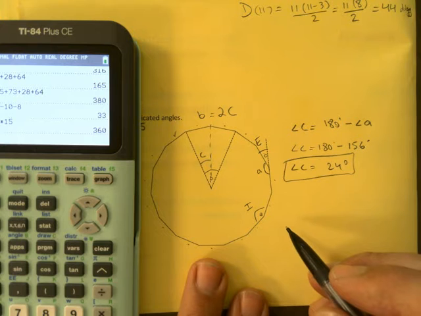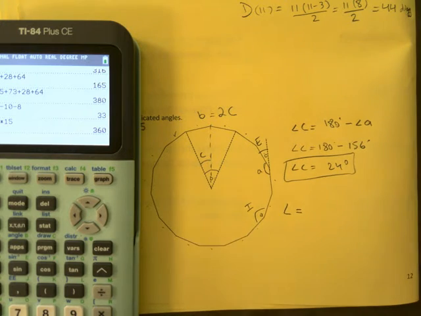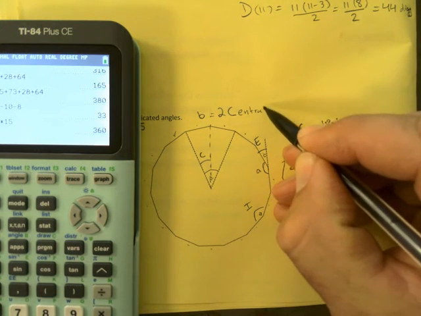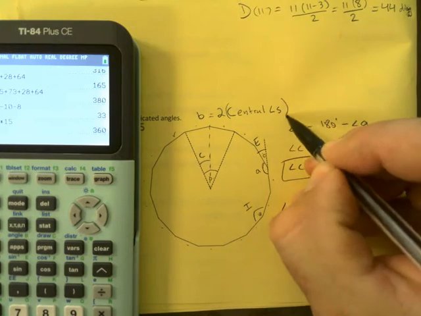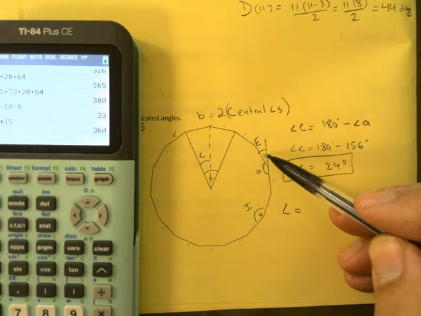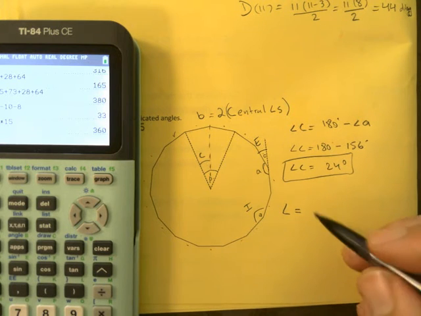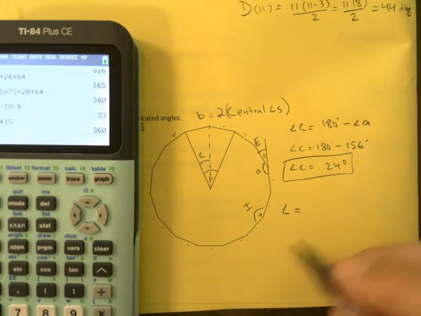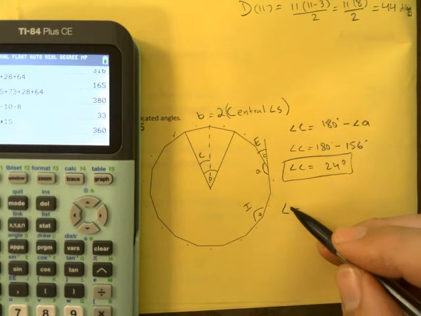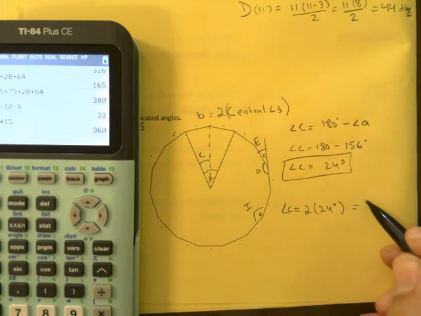Okay, B is equal to, okay, I need to watch out here. The C, that wasn't a good choice of letters. Two central angles. Because otherwise you're going to think it happens to be the same. Remember, central and exterior, they usually are the same. So angle B is 2 times 24, which is 48 degrees.